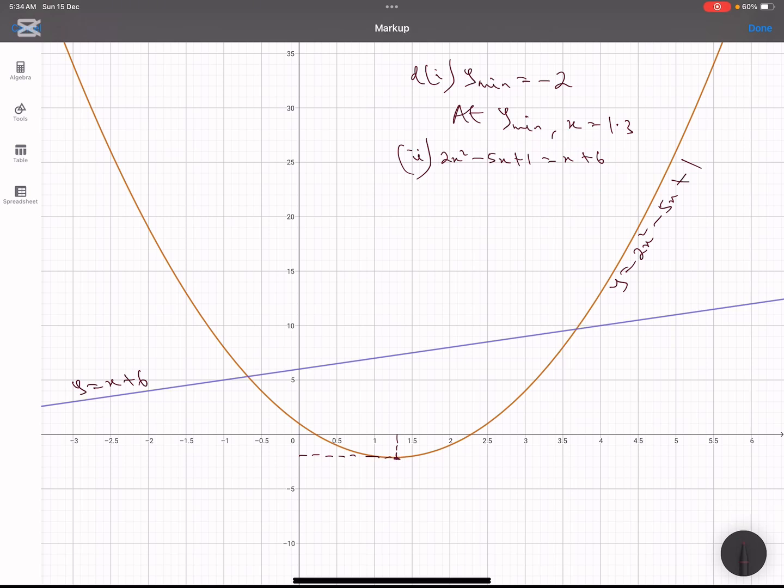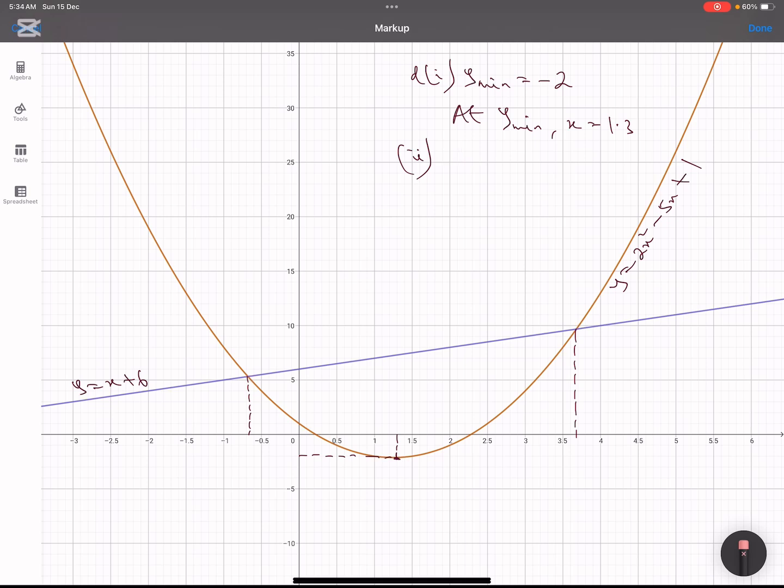Now the solutions of the equation 2x squared minus 5x plus 1 equals x plus 6 are the points of intersection of the two graphs, and you must use a straight line to join that. So you trace those points to the x-axis.